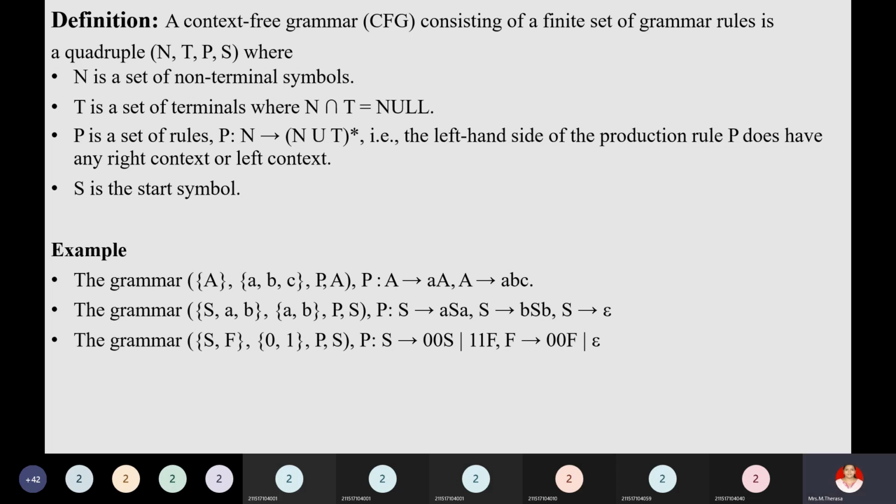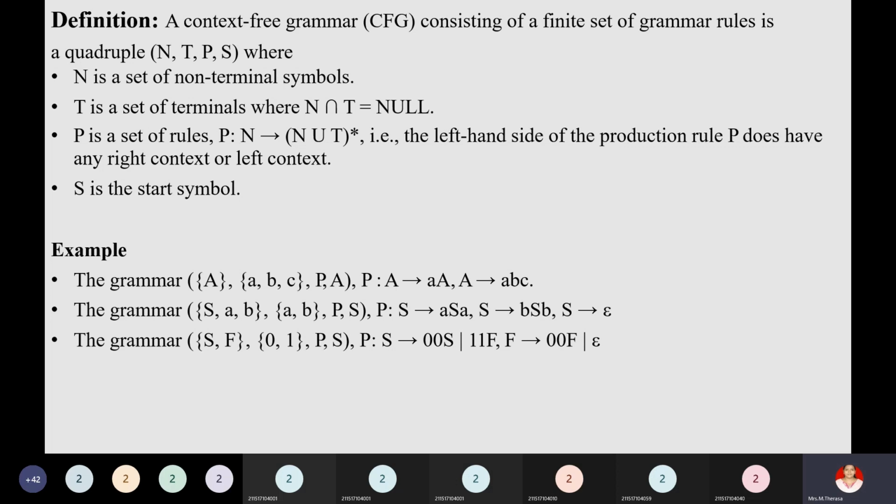This T is the set of terminals. Where N and T are finite sets of variables and terminals, we assume that N and T are disjoint, that is, N intersection T is equal to null. And P is a finite set of production rules.